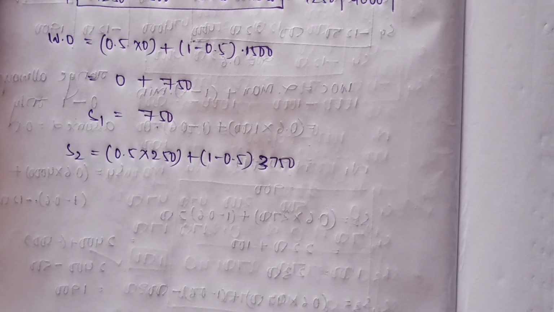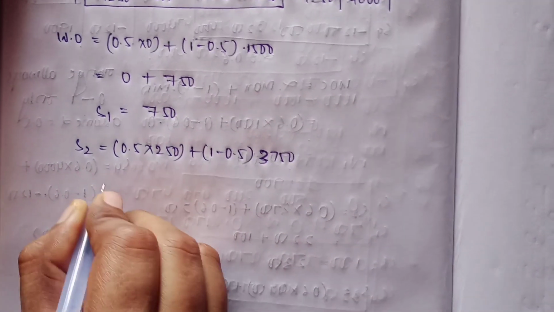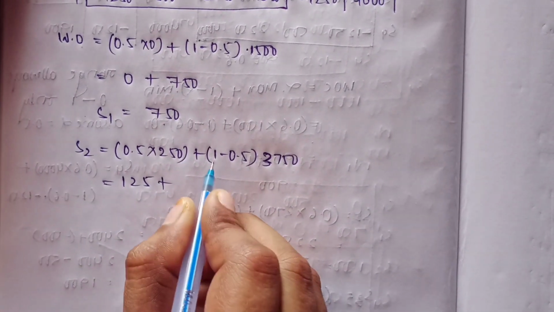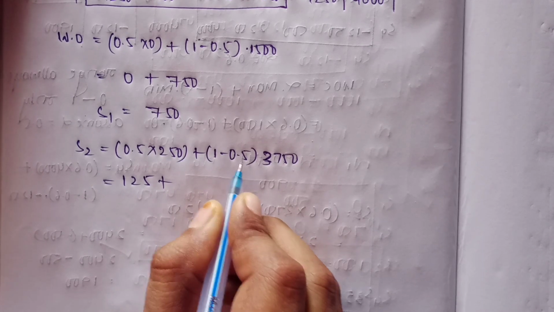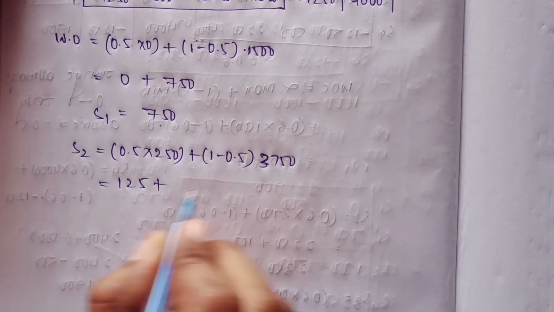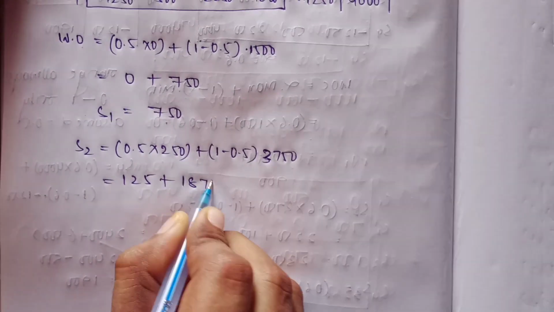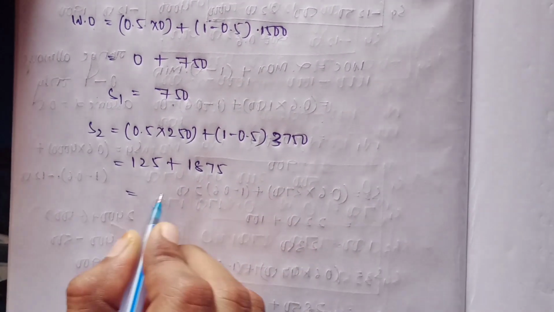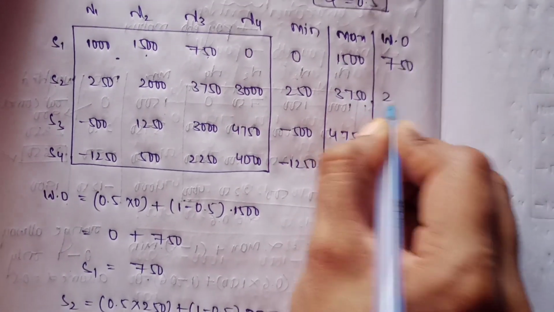Here 0.5 into 250 is equal to 125, and 1 minus 0.5, which is 0.5, into 3750 is equal to 1875. 125 plus 1875 is equal to 2000, so S2 is equal to 2000.